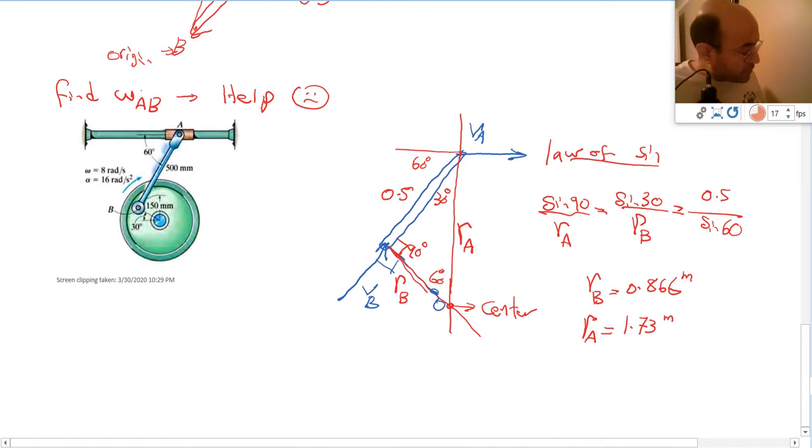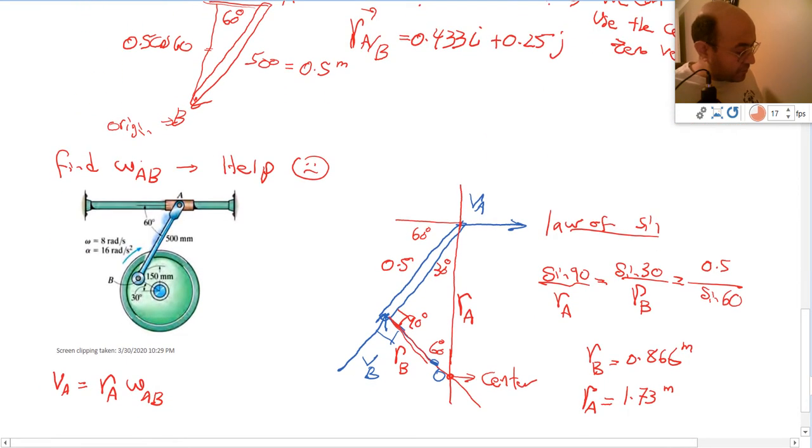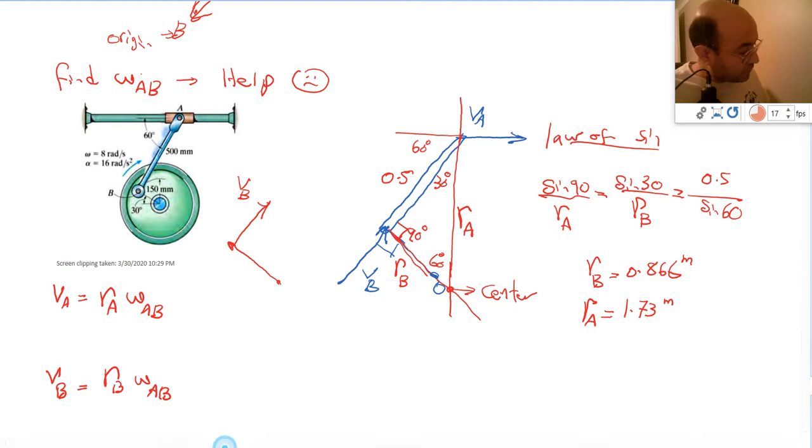I'm going to go with the same equation that we know from before, that VA is equal to RA omega AB, and same thing, VB is equal to RB omega AB. So I already know VB. VB we calculated as, actually I didn't calculate it, but I can simply calculate it. If you look into this location, that's VB, right? This guy is going to go with 8.